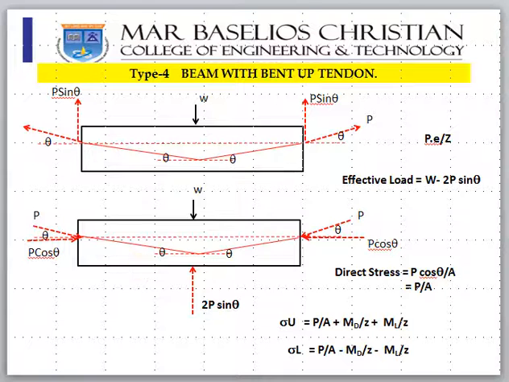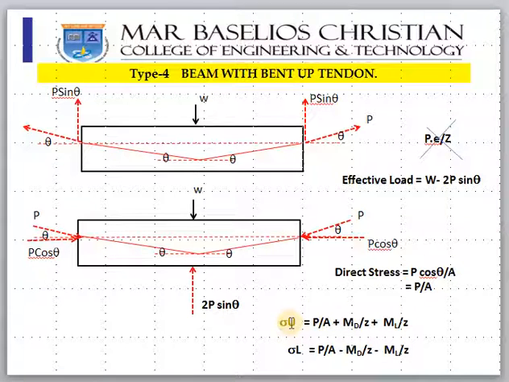The reason is that the tendon is passing exactly through the neutral axis, so this term will be 0 because e is 0.